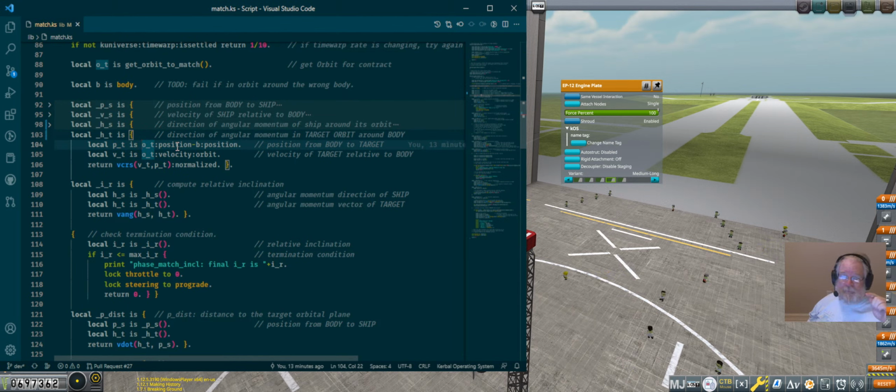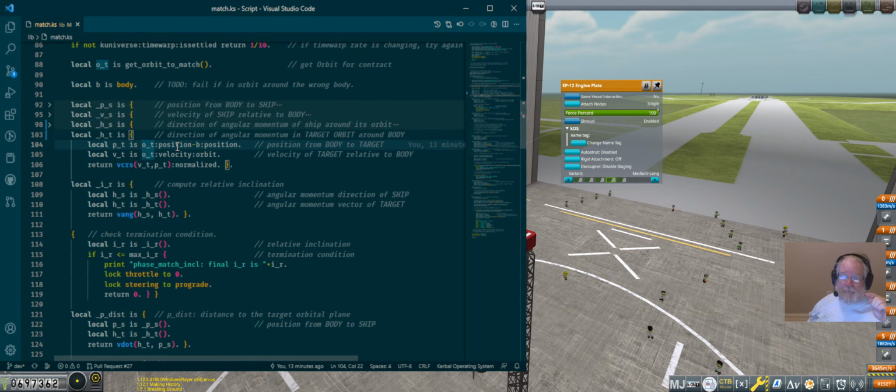So I have to subtract out the position of the body in that same coordinate frame in order to get the position vector from the center of the body to the point on the orbit. So here's PT, VT. Fortunately, the velocity is correct, so we just grab the orbital velocity, take the cross product, normalize it, and now we've got the direction, our angular momentum direction, and now we have our target orbit angular momentum direction.